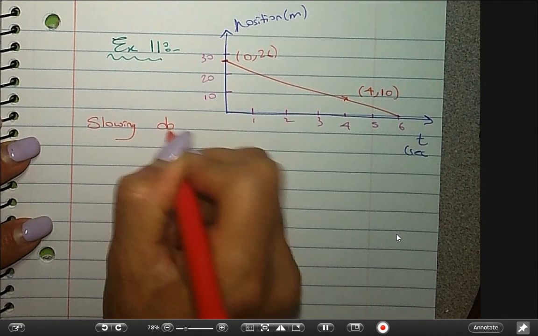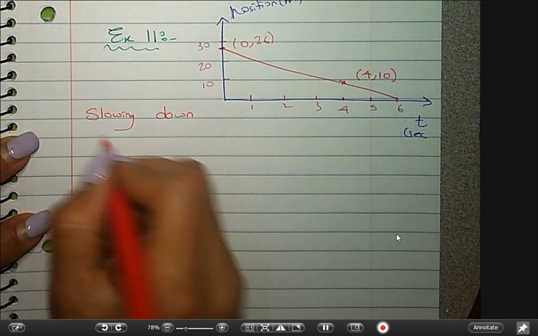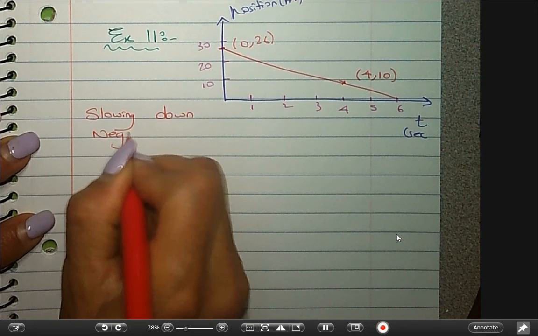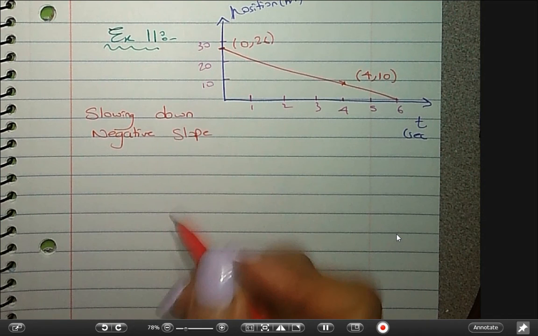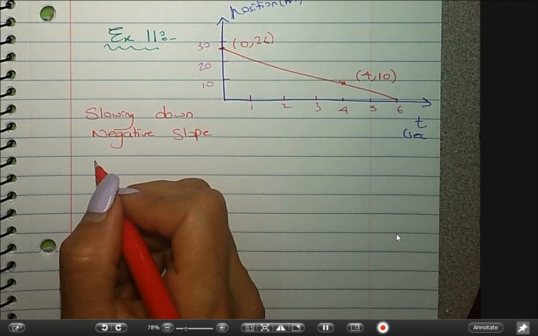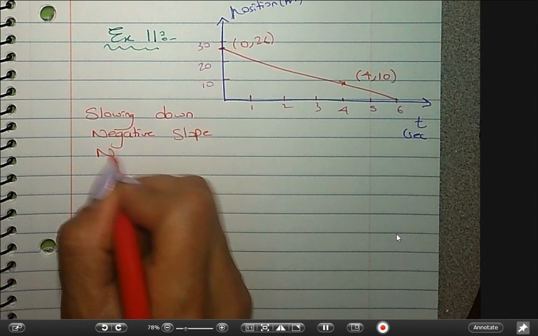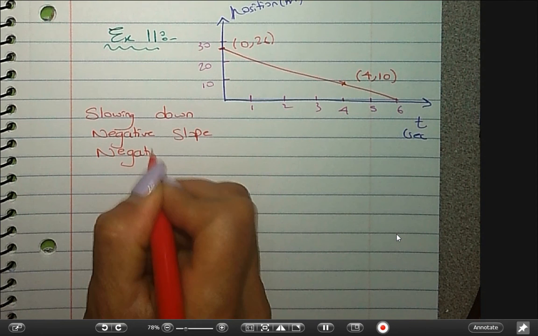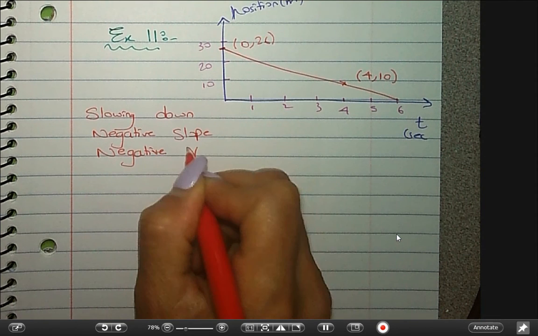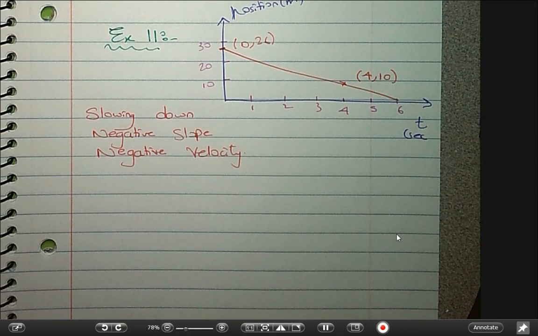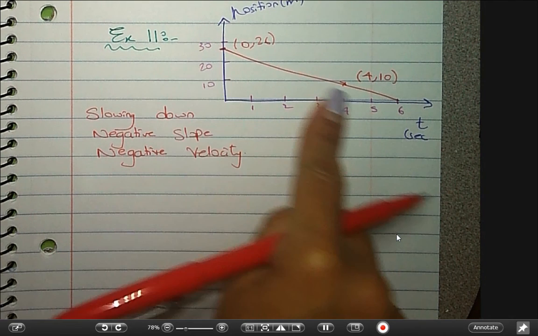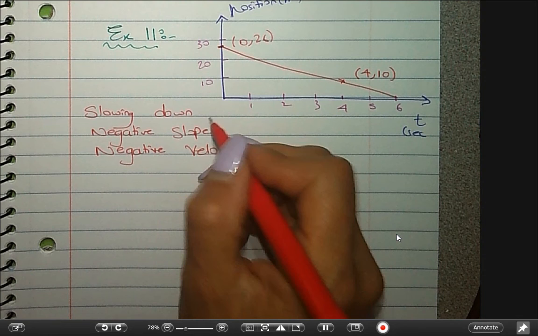So this is slowing down, which means I will have a negative slope, which means I will have a negative velocity. So if you're finding the velocity and your velocity is positive, you should automatically know that this is wrong, because this one is going down, it's decreasing.